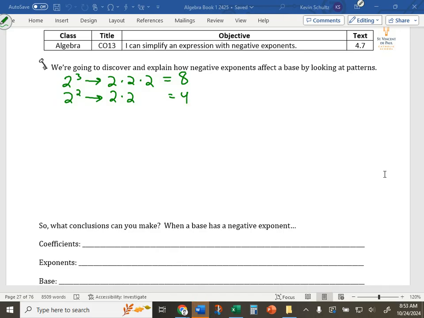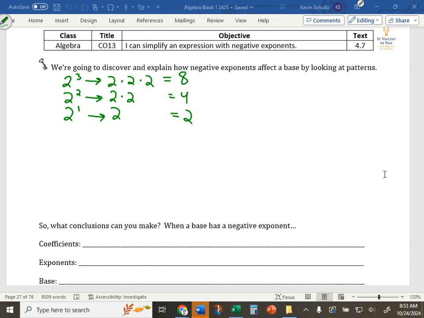If we decrease our exponent by 1 again, and we're looking at 2 to the first power, 2 to the first power in expanded form is just 2, which obviously equals 2. So, looking at what we have here, what patterns are you seeing? Algebraically, again, starting with what we know, what patterns are you seeing? Addie?